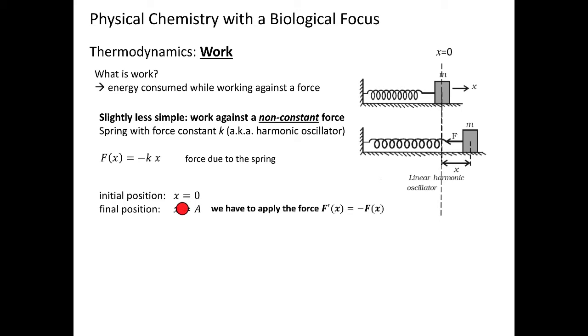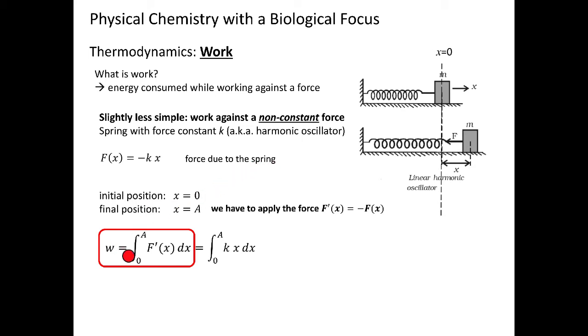Now, if we have our particle here at the initial position x0, and we want to move it to the final position that we just call A, we have to apply the force. It's the opposite of the force that is pushing on or pulling on that particle, so it's the opposite of minus kx, and that is simply F prime, which will be kx in the end.